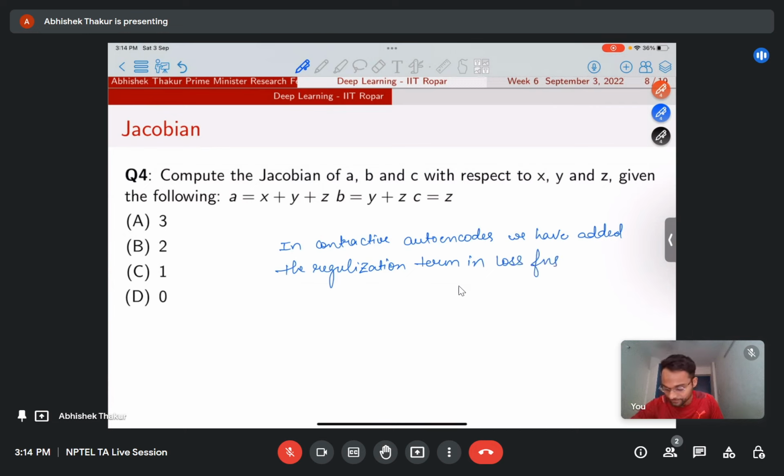So this was our regularization term, that is the Jacobian.